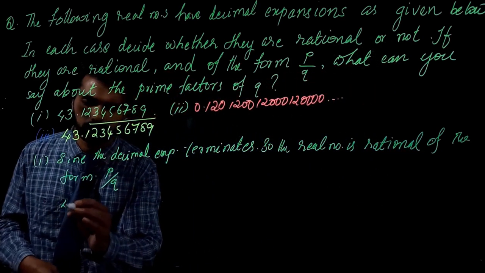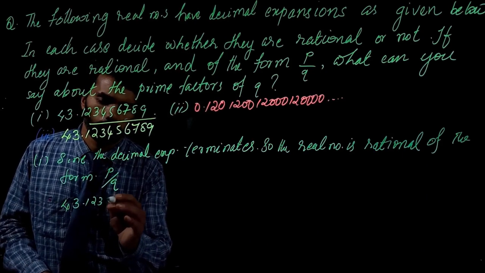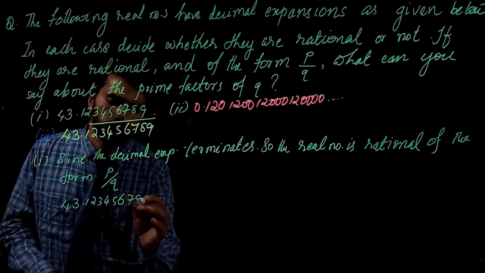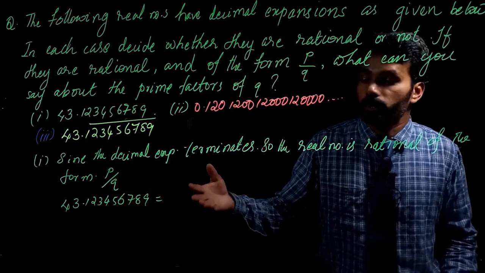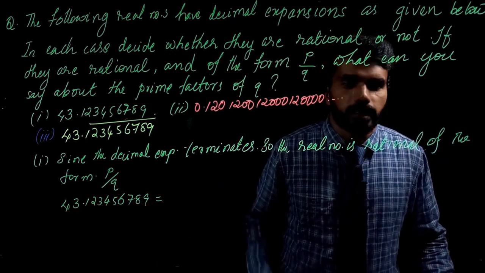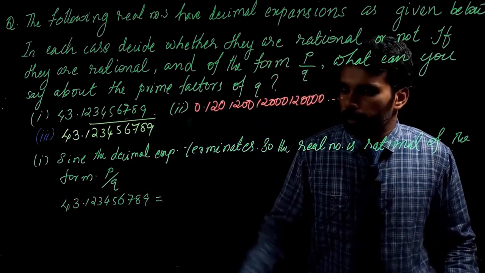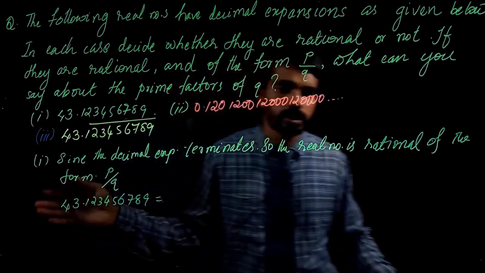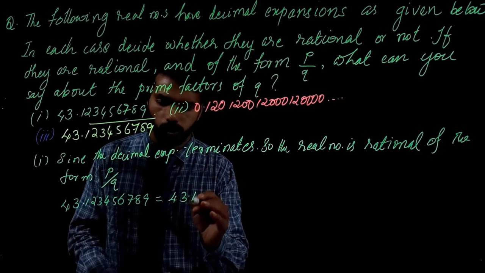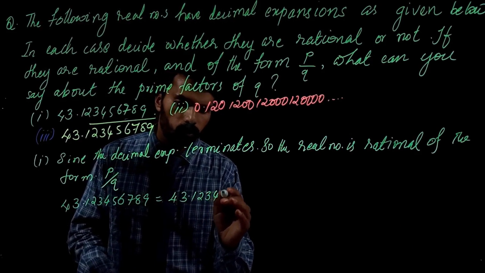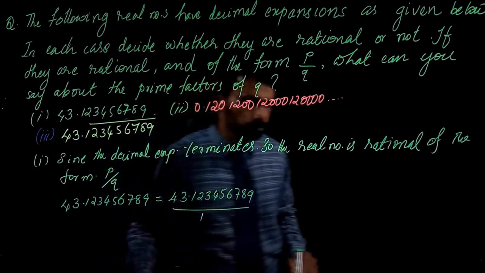43.123456789. This decimal number let us convert into a rational number. For converting a decimal number into a rational number, let us first divide it by 1. So it can be written as 43.123456789 divided by 1.